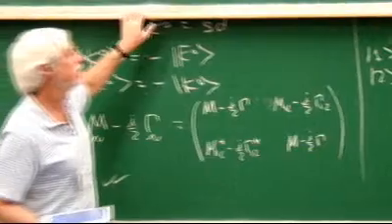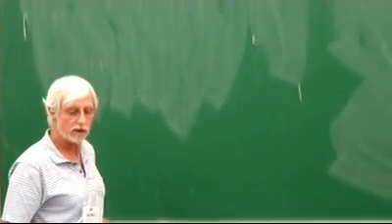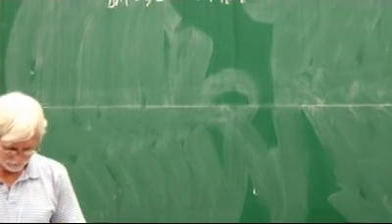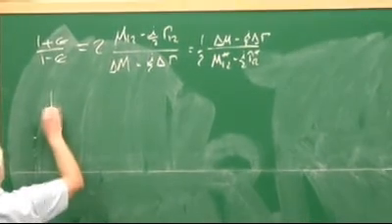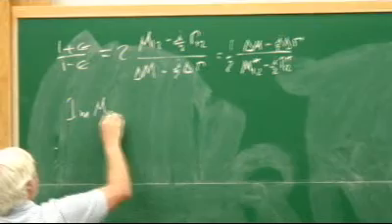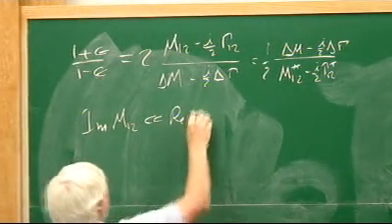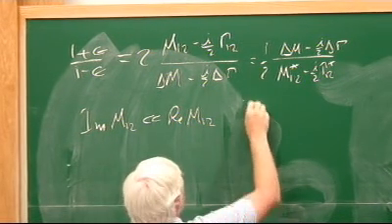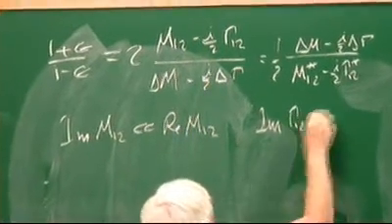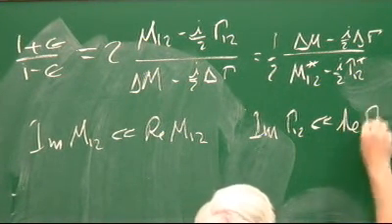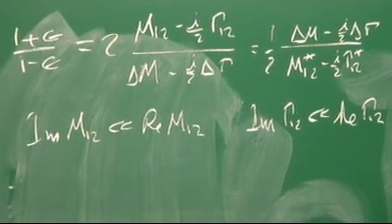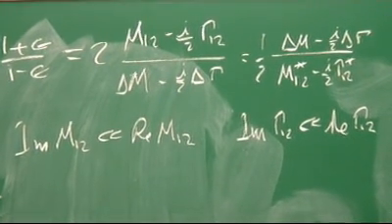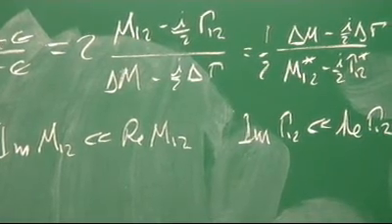So CP is violated only if there's an imaginary part. And we know the violation is small, so I'm going to assume that the imaginary part of M12 is much smaller than the real part, and the same thing for gamma 12. Just because I know already experimentally that epsilon is a tiny number, so why not use that? And we'll see that it actually works out like we're in the standard model.